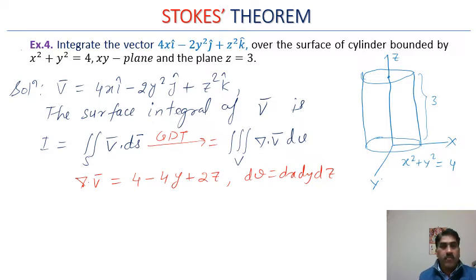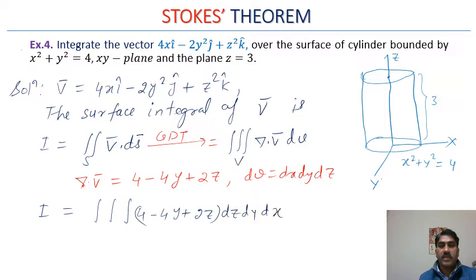So we have integral I equal to the volume integral, and del dot v is 4 minus 4y plus 2z, dz dy dx. And what are the limits? So limit of z is 0 to 3, this is pre-specified.